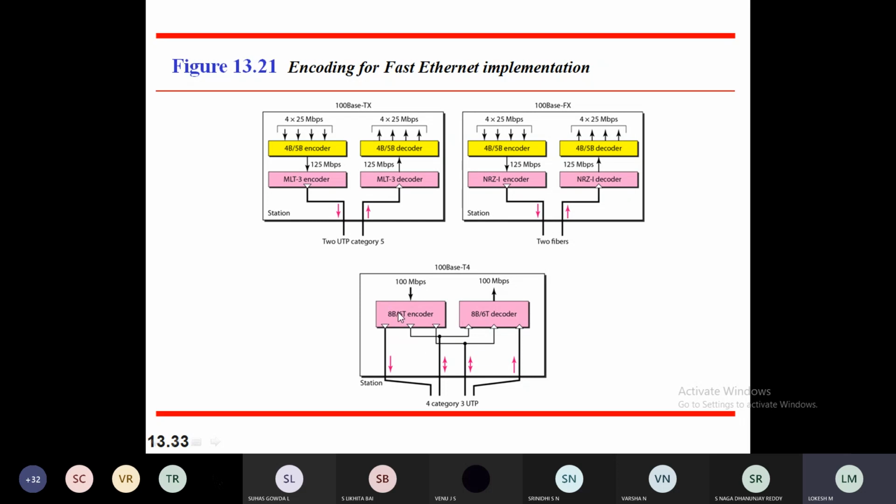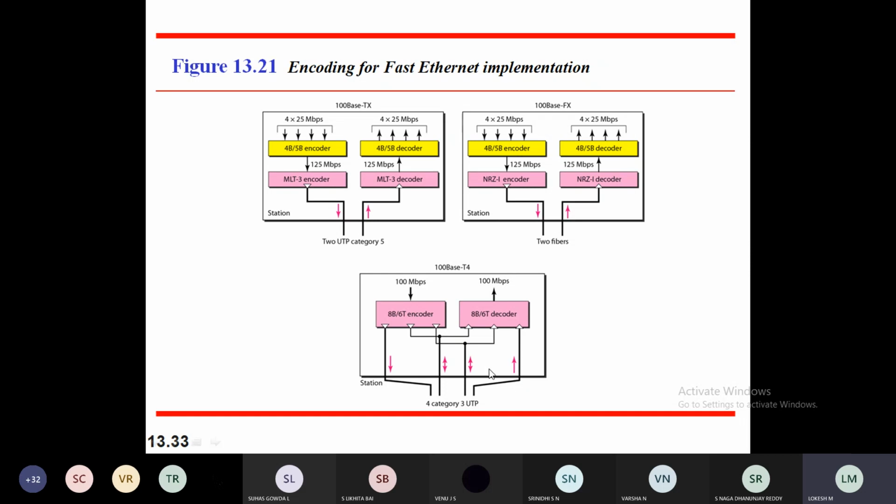And when you are trying to perform this, like 8B means 4 into 2, that is to send and to receive, we need 8B6T encoder or 8B6T decoder. Okay, like it will be connecting in between, and that will be connected to the external stations.